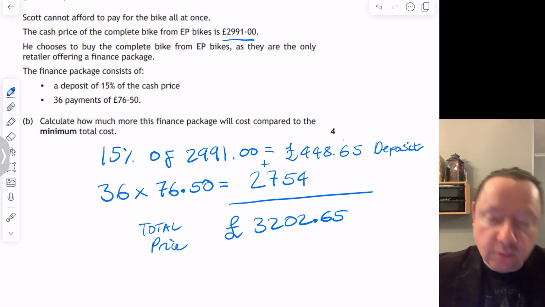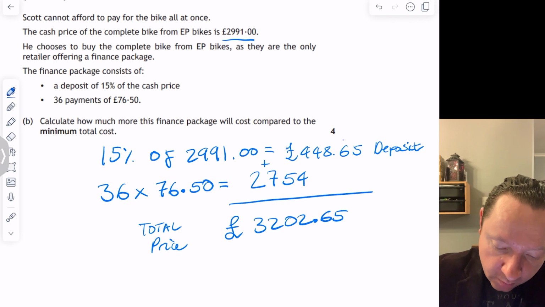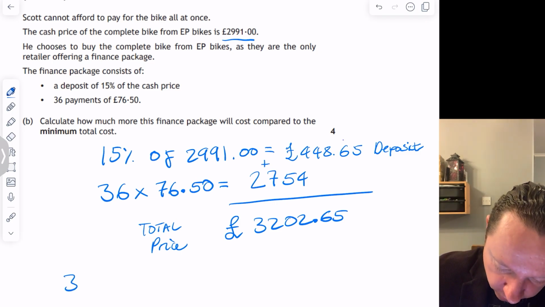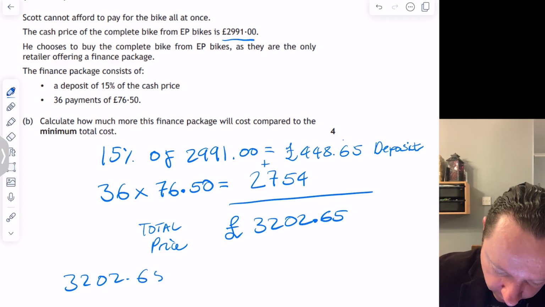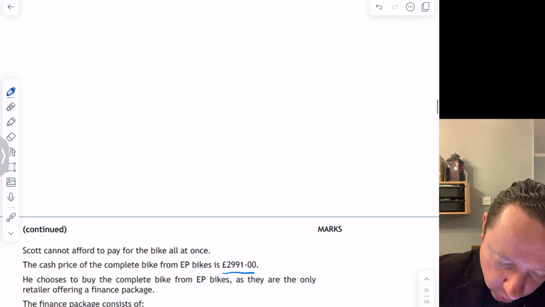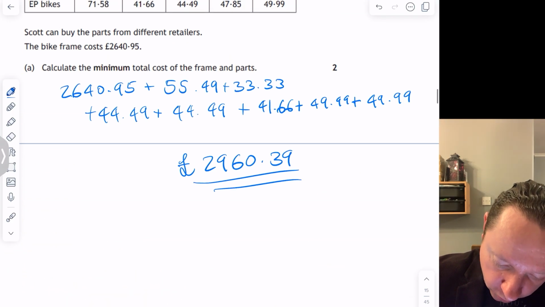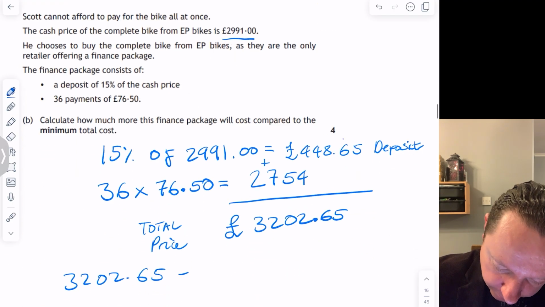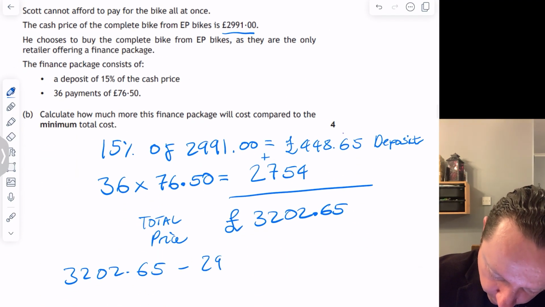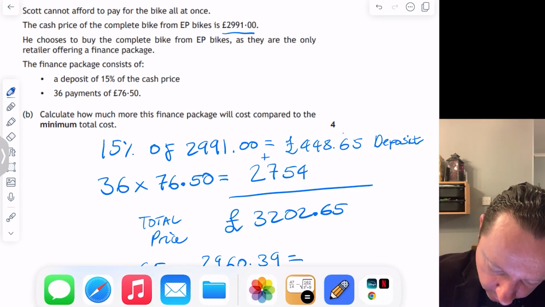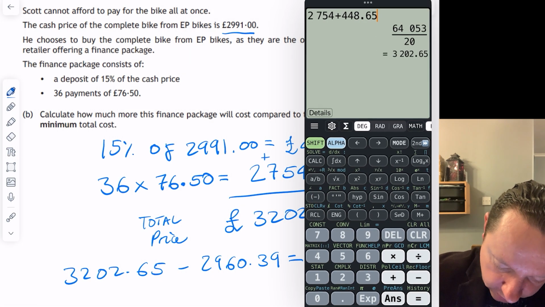And now to answer the question, which says calculate how much more this finance package costs compared to the minimum, we need to do 3,202.65 minus the minimum, which we got back here of 2,960.39. Always doing this in our calculator if it's a calculator paper, not giving ourselves a headache.